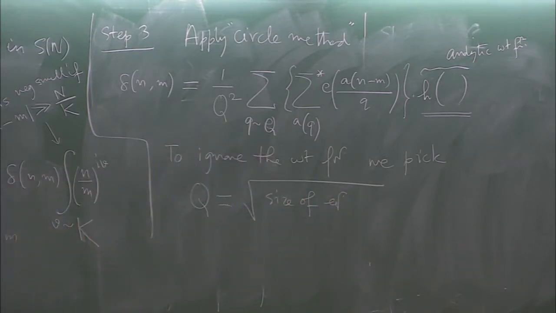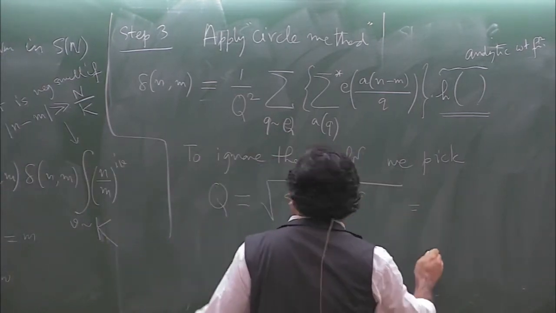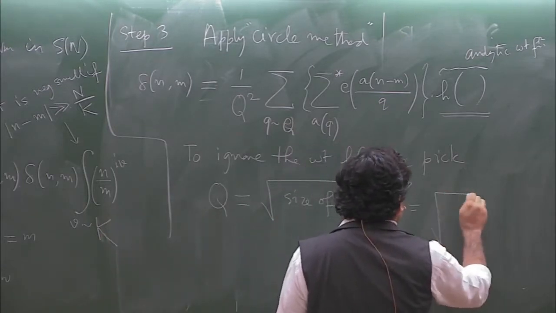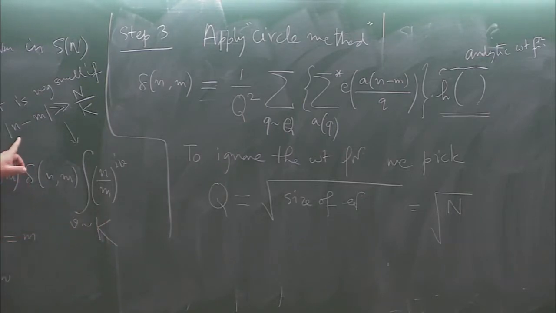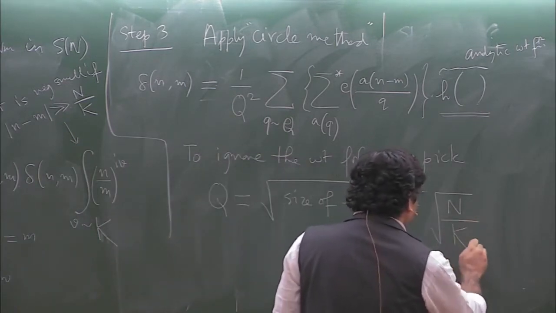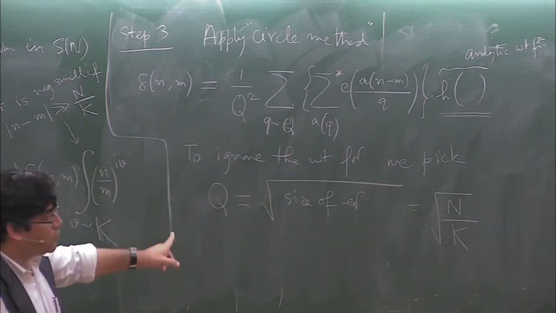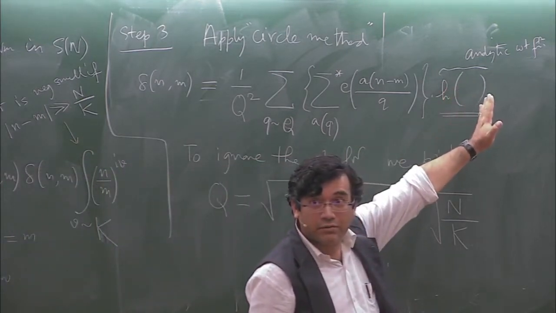Okay, so now what is the size of the equation in this case? So if you didn't have this integral, then n and m are both of size capital N, and the size of the equation will be capital N. Okay, so without this, it will be square root of capital N. But since we have put this in, which says that n minus m cannot be larger than N by K, the q will be slightly smaller. It will be this. So if you pick q to be square root of N by K, then you can more or less forget about the analytic weight function over here.